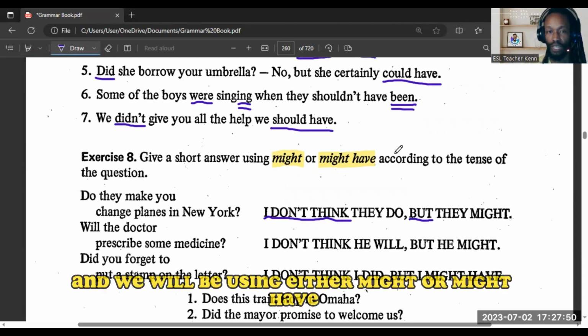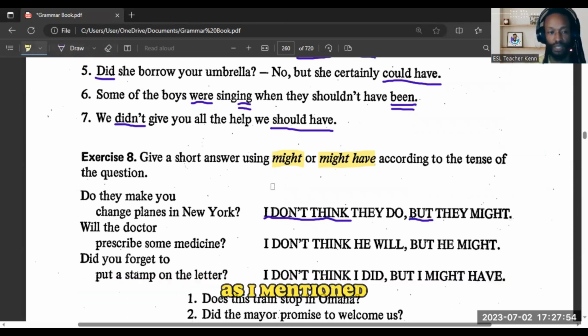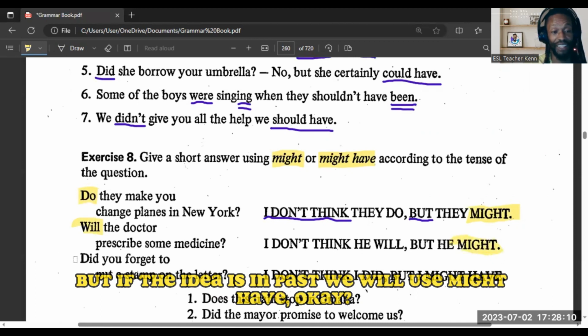And we will be using either might or might have. As I mentioned, if the idea is in present, then we will be using might. If it's in future, we continue using might. But if the idea is in past, we will use might have, okay?